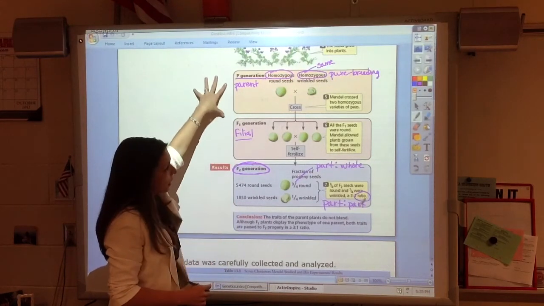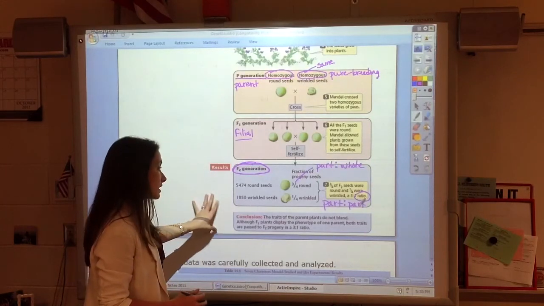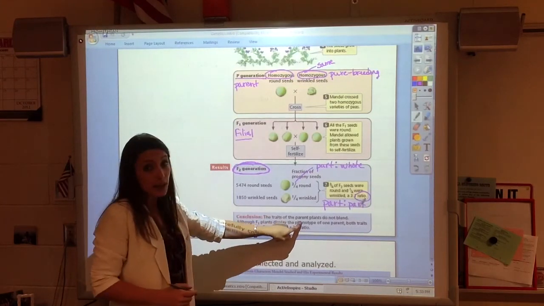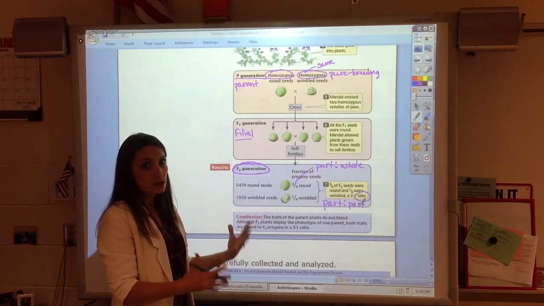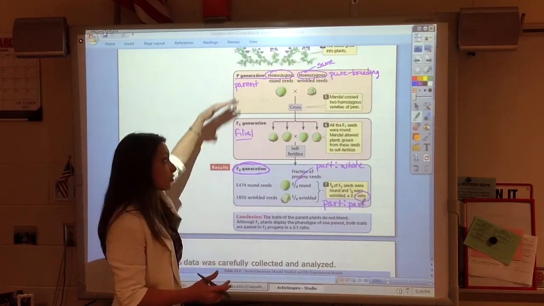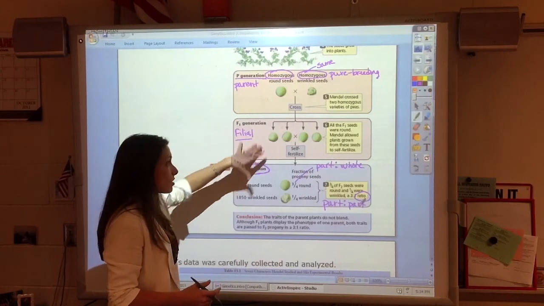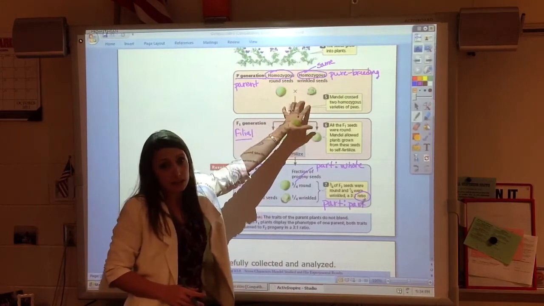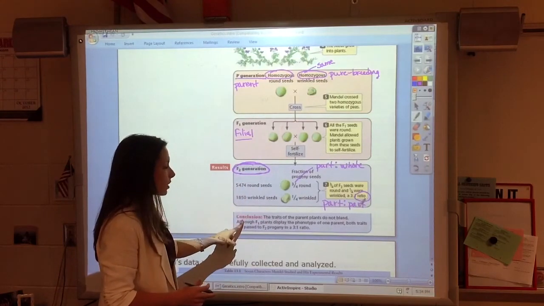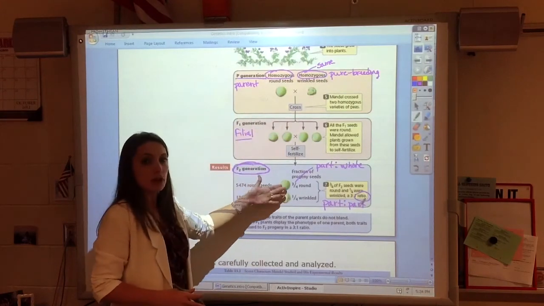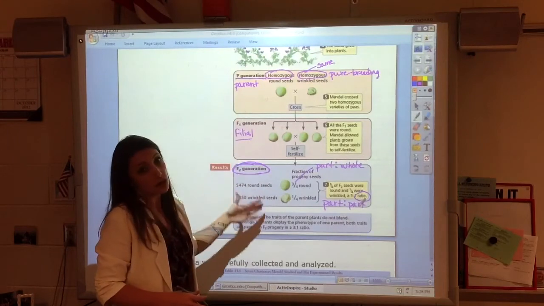And so what Mendel was able to look at is that the traits did not blend. So Mendel's data very clearly revealed certain patterns, that the traits did not blend, but they also did not completely disappear. And so what he really wanted to pay attention to is, how is it that they're re-showing up another generation later?